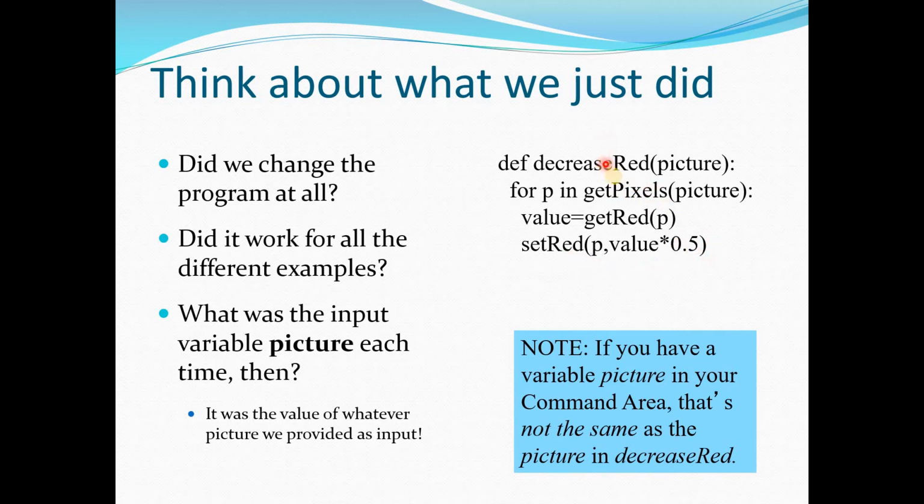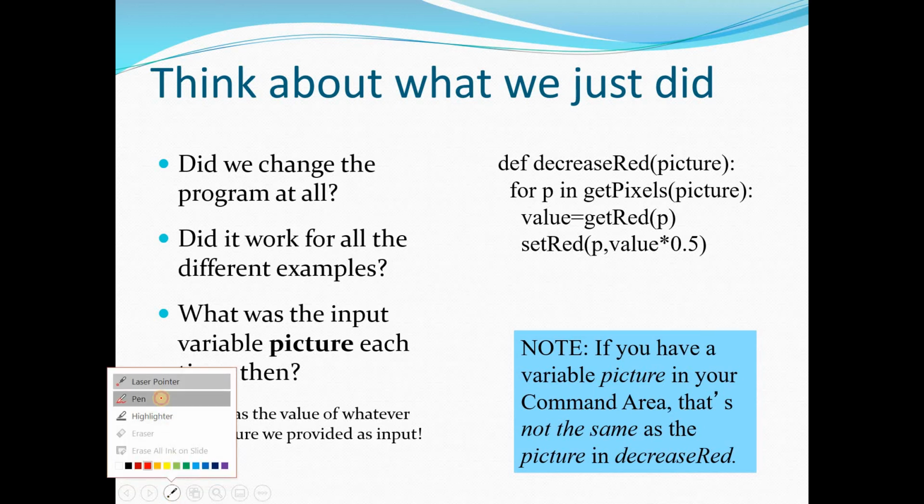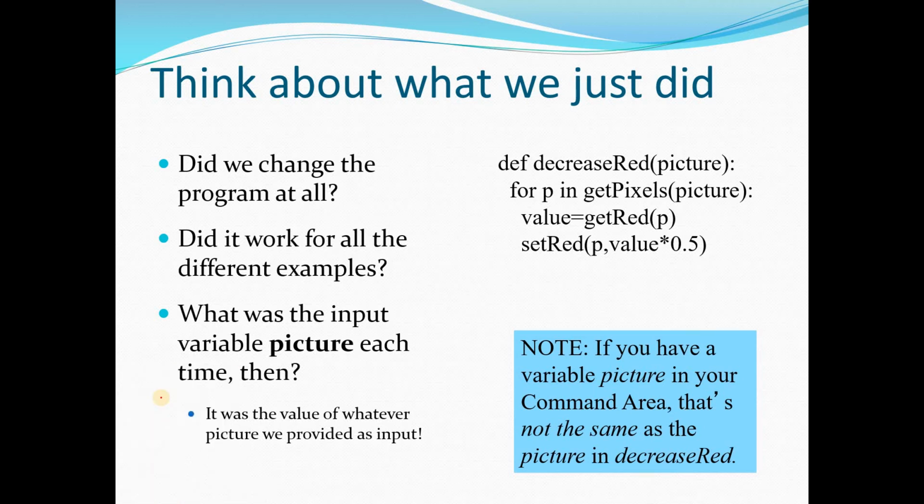In the decrease red, if you see, you have a value variable that stores the get red, and then you multiply the value by 0.5. That means if the value is 100, you make it 50, and you set this red value. Previously it was 100, now it becomes 50.